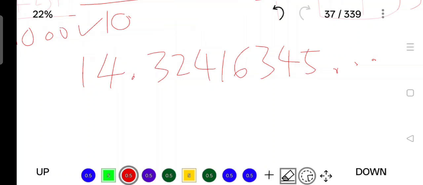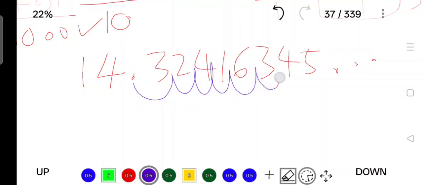Okay, let's see. How many decimals do we move? 1 2 3 4 5 6 7 8. Well, if it has stopped, you can actually make it a fraction, but unfortunately, because it didn't stop, we cannot take it as a fraction yet. Okay, we cannot write it as a fraction.